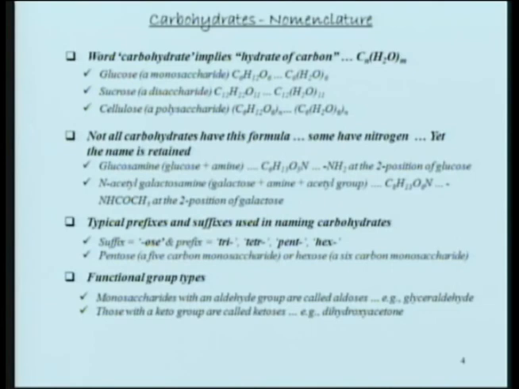Carbohydrates have many functional groups. So as you can probably imagine, they not only have an OH functional group, but carbohydrates also have an aldehyde. When they have an aldehyde, they are called aldoses. Or when they have a keto, they are called ketoses.